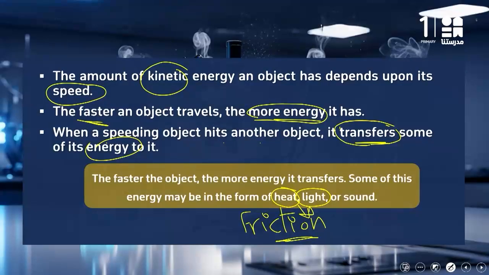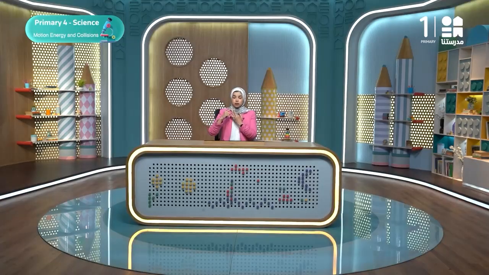Of course, you could detect the fire using the light of the fire, or the sound of the collision, right? So, the energy will transfer in different forms: thermal or heat energy as a result of the friction force produced between the two objects, light energy, and sound energy. Thermal, sound, and light. Okay?